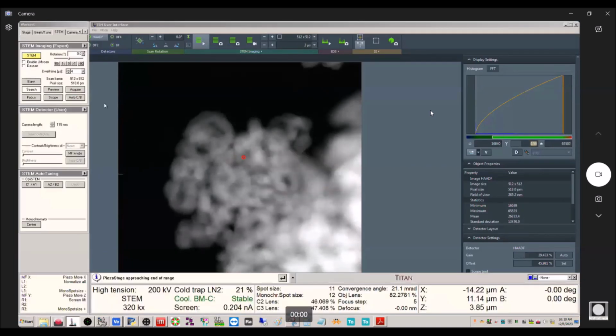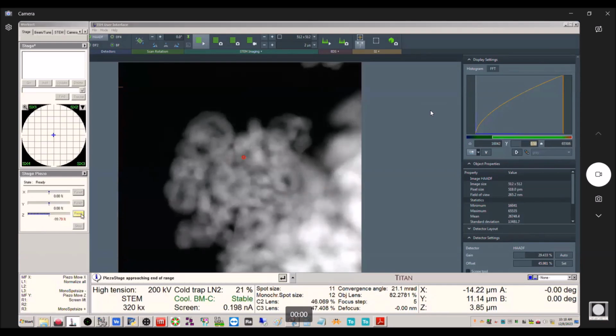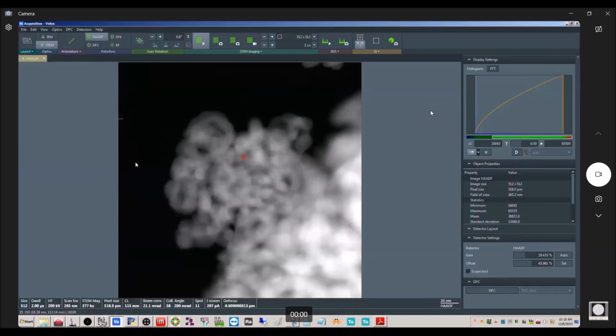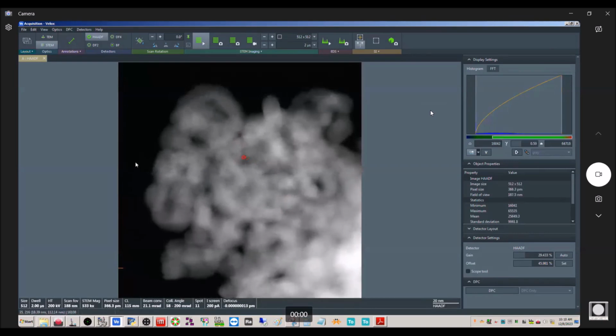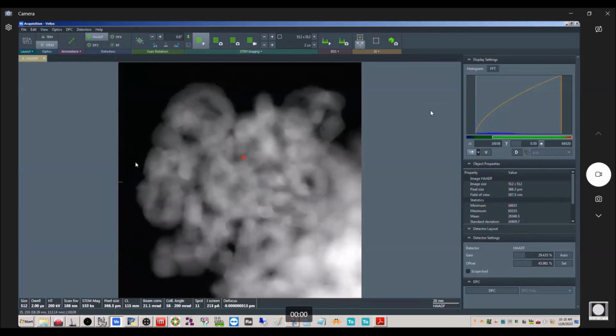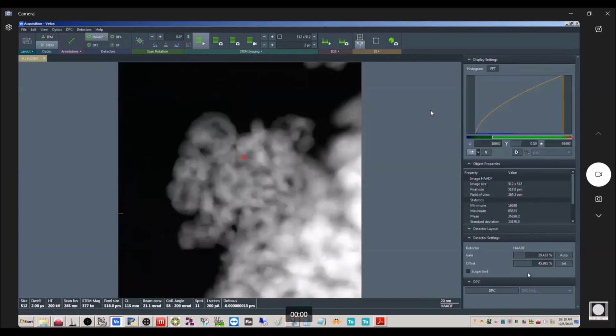Okay, piezo stage approaching edge of range. Set. Okay, looks good. So this work that I'm doing isn't atomic resolution. It's not what I'm trying to do.